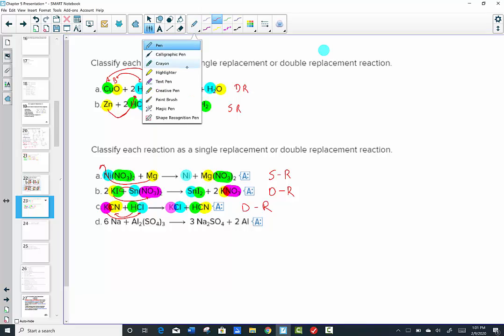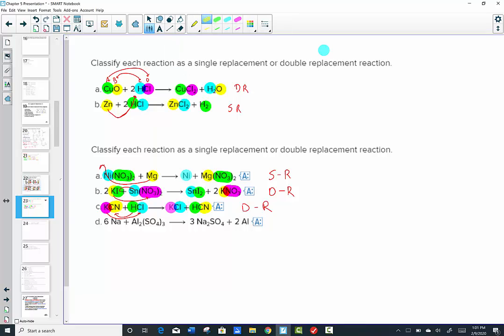And the last one to check, we had a sodium, we had an aluminum, and then a sulfate, SO4. That's 3 different characters. The sodium displaced the aluminum and stole its last name, the sulfate. So this is a single replacement.